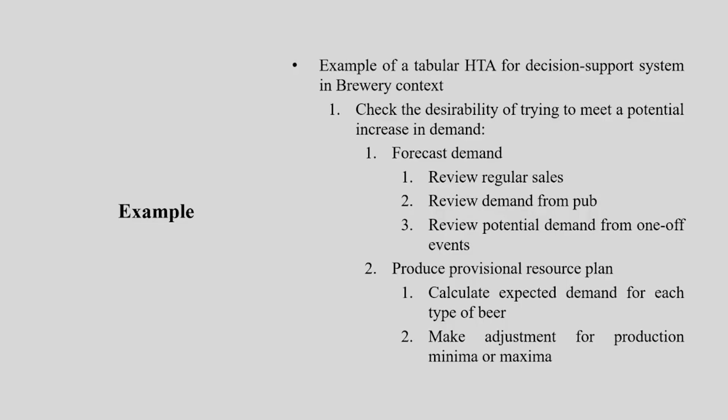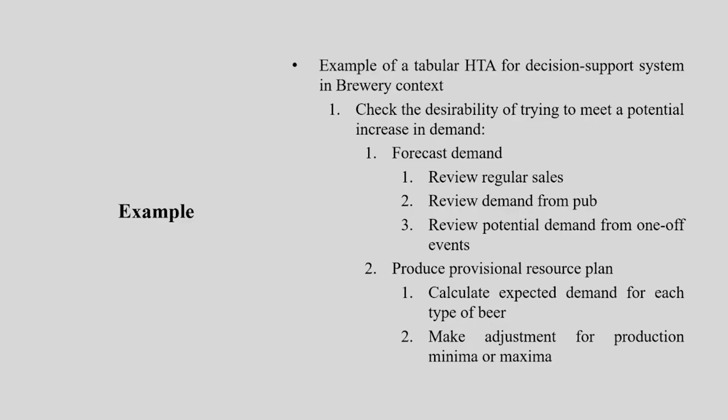Once we understand that, we need to review the demand from different outlets. Here I mentioned pub because in that particular example they deal with pubs, but we can do it for each separate outlet wherever the beers are on sale. And then review the potential demand from one-off time events, when there is no celebration, still there is something going on on a regular basis.